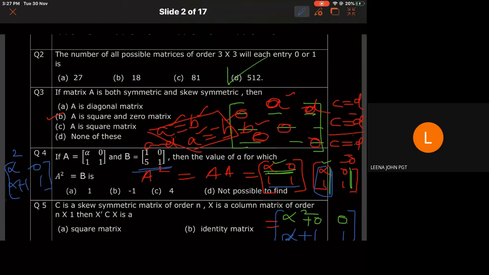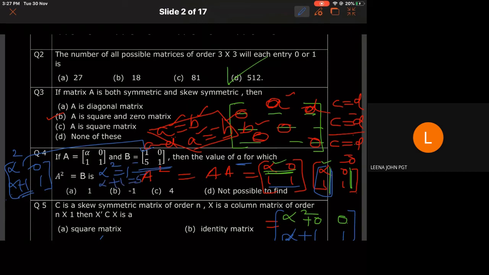Equal to B means two matrices are equal if their orders are the same and the corresponding elements are equal. Then what is the value of this alpha? So alpha square equals 1, and one more thing, alpha plus 1 equals 5.